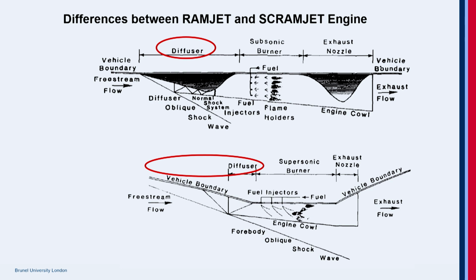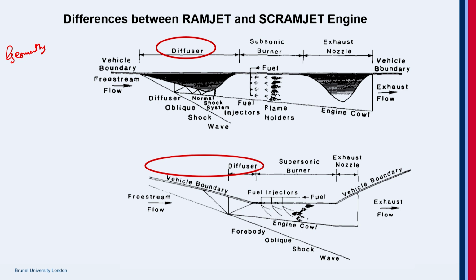Now let's identify the main differences between RAMJET and SCRAMJET engines. The differences are there in every component of this engine. If you look at the inlet diffuser, number one, there is a difference in the geometry.